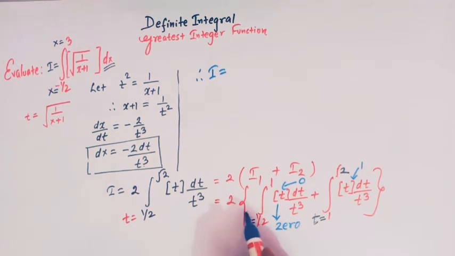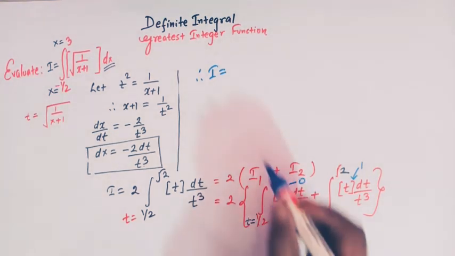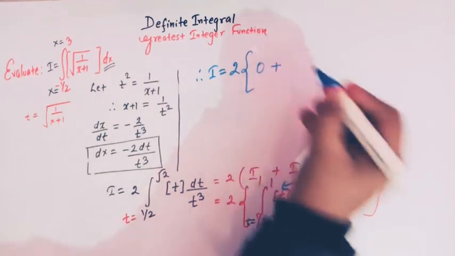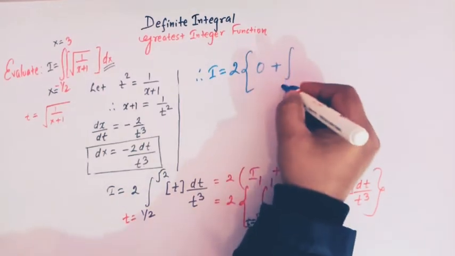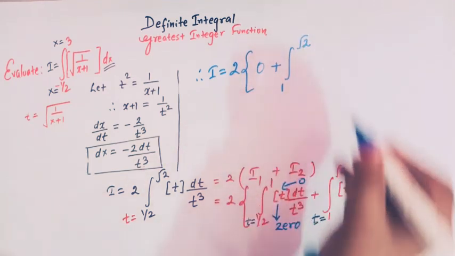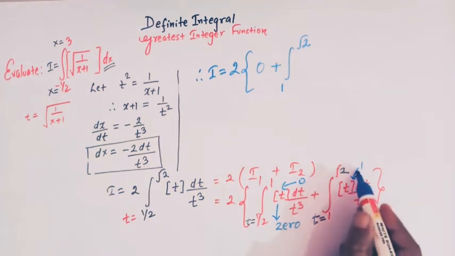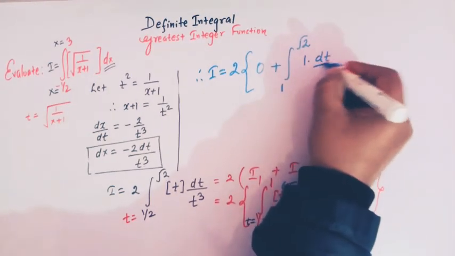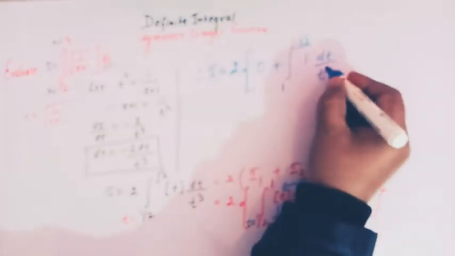So now viewers, the value of this integral is 0, so we are left with 0 plus, here we have 1 to square root of 2, and the value of greatest integer t is 1, and we have dt over t cube, right?